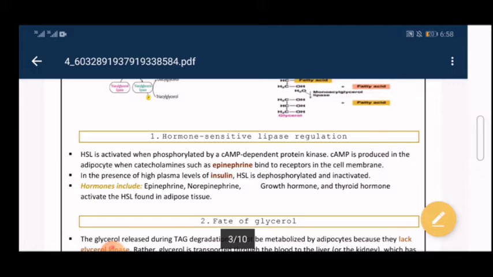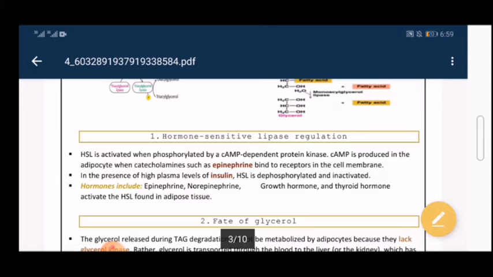When catecholamines such as epinephrine bind to the receptors of the cell, adenyl cyclase becomes activated to turn ATP to cyclic AMP, and finally cyclic AMP activates protein kinase. That's why it's known as cyclic AMP dependent protein kinase, because it becomes activated because of cyclic AMP.